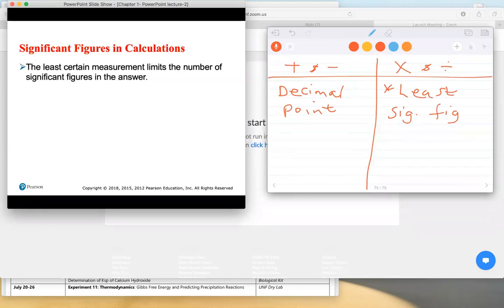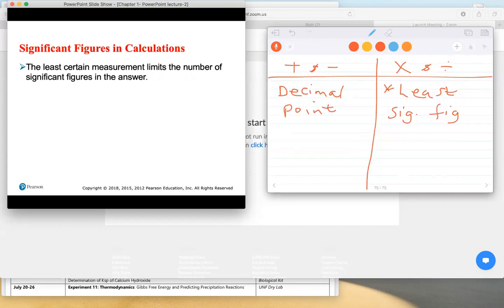In calculations, you will do some calculation down the line using a calculator. A lot of numbers will just fly on the screen. It does not mean that whatever you have in there is more precise or you should express that. You should round off your number to the correct number of significant figures.